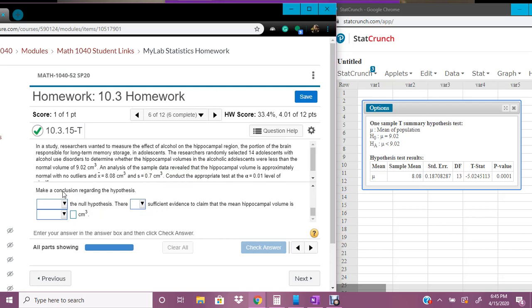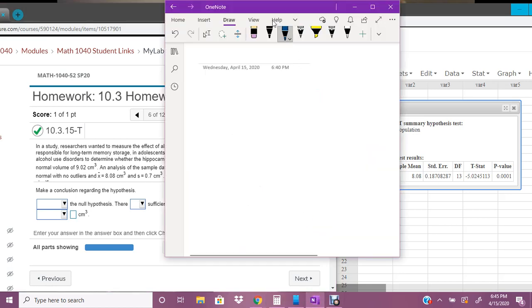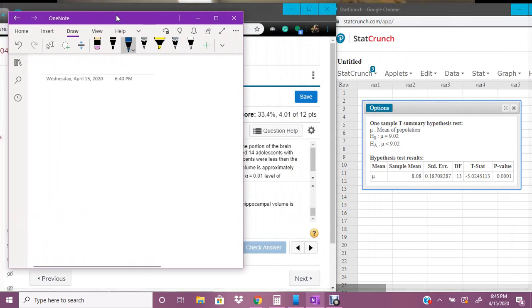Okay, now we're trying to decide what this means. Our p-value is what we compare to this level of significance right here. So I'm going to write my p-value first, and this is my level of significance.